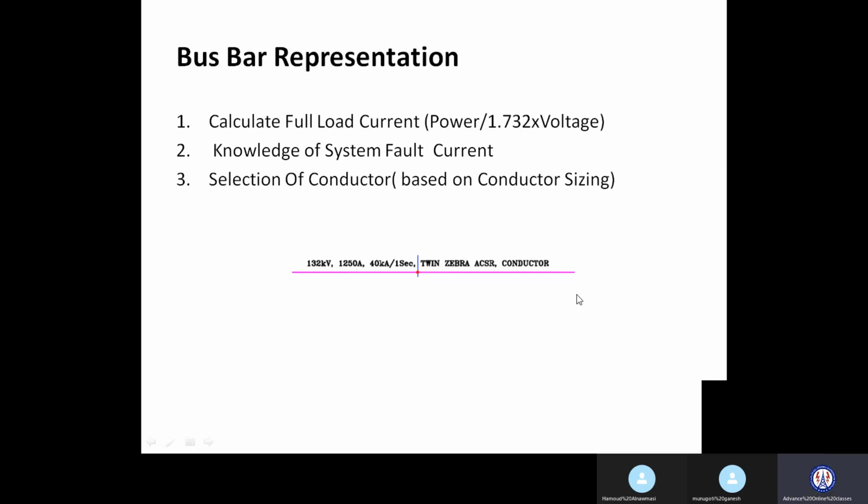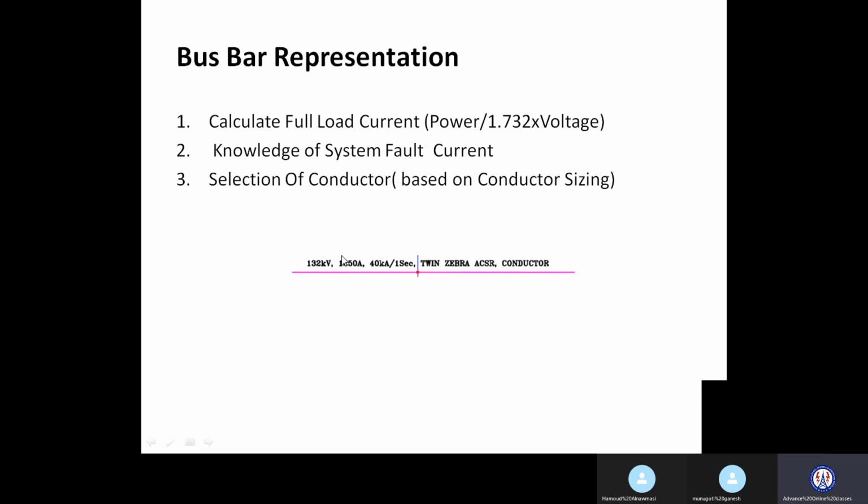Whatever feeders are connected with this bus, whatever their voltage rating, that is the voltage rating of your bus.